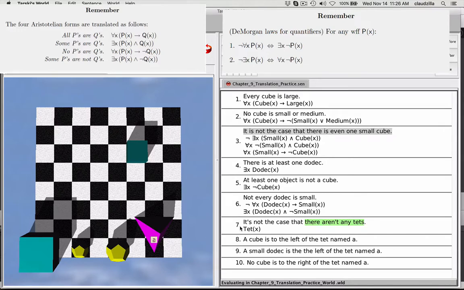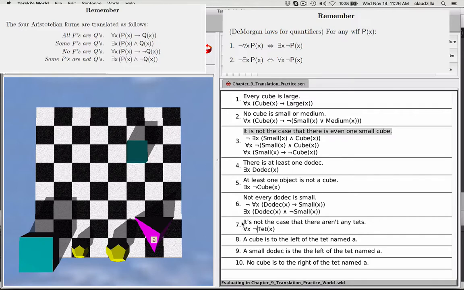So let's stay in keeping with the literal. So any is a universal. So we would say universal x, negation, tet x. Everything is not a tet, which is another way of saying there aren't any tets.